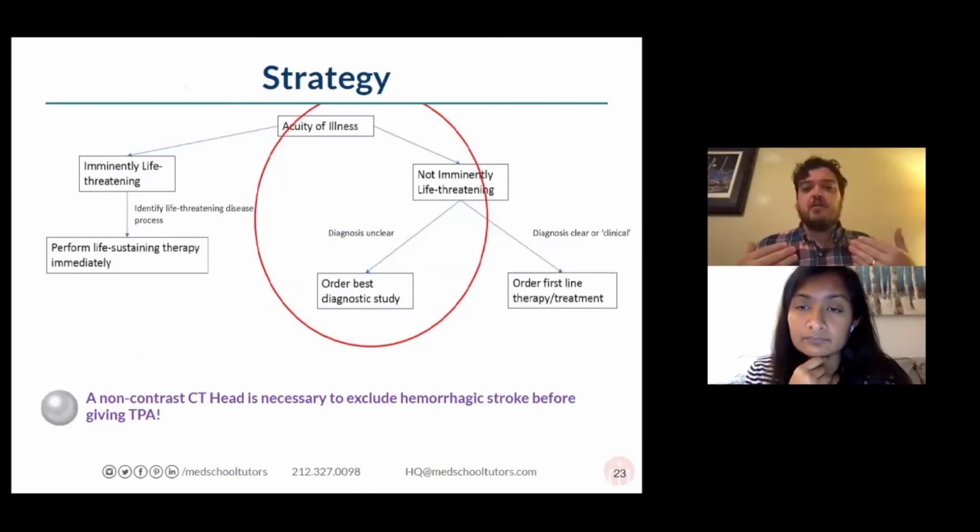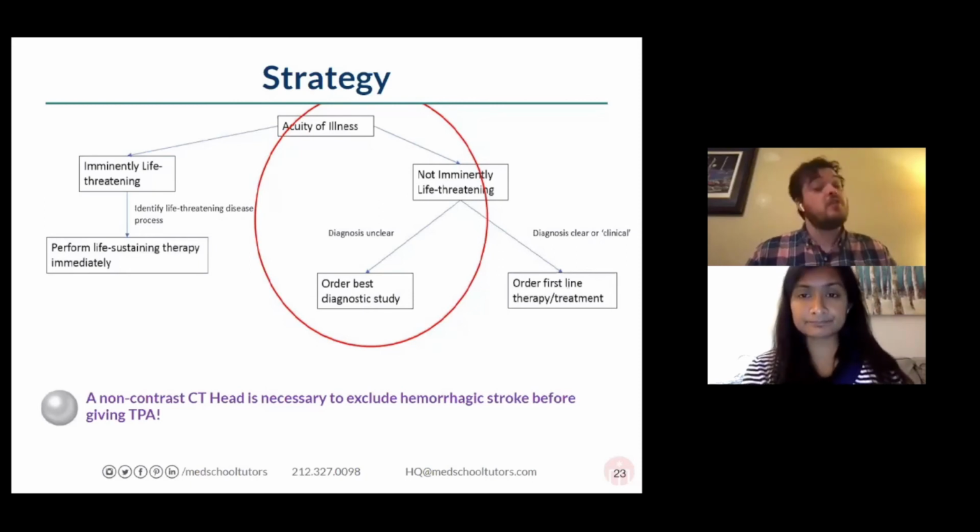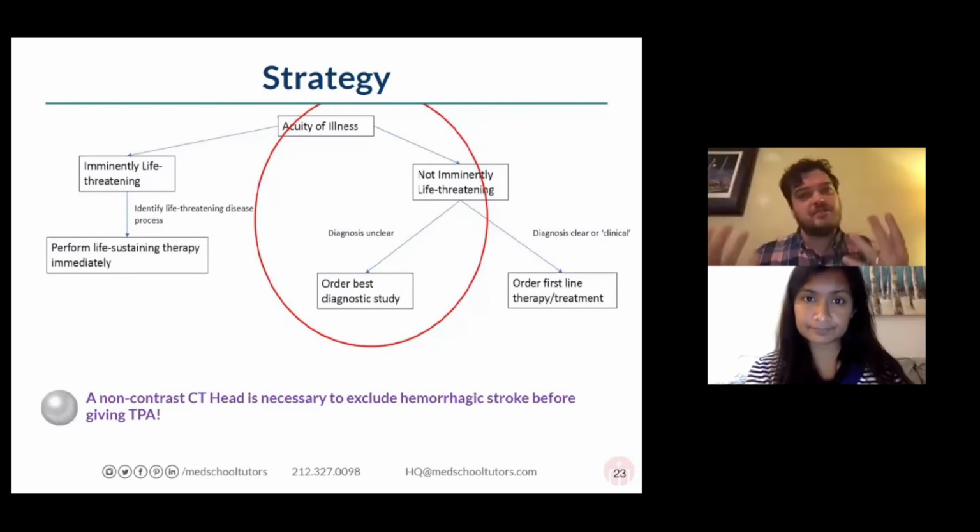And the diagnosis is unclear. I just want to emphasize the fact that in this case, truly the diagnosis is unclear. We made the clinical diagnosis of stroke, but we haven't refined that to ischemic or hemorrhagic stroke. And in order to actually formalize that diagnosis, I need that CT scan of the head, and I need it right away. So if we look down our pathway here, beginning with acute illness, not life-threatening as far as I can see right now, need to work this up.